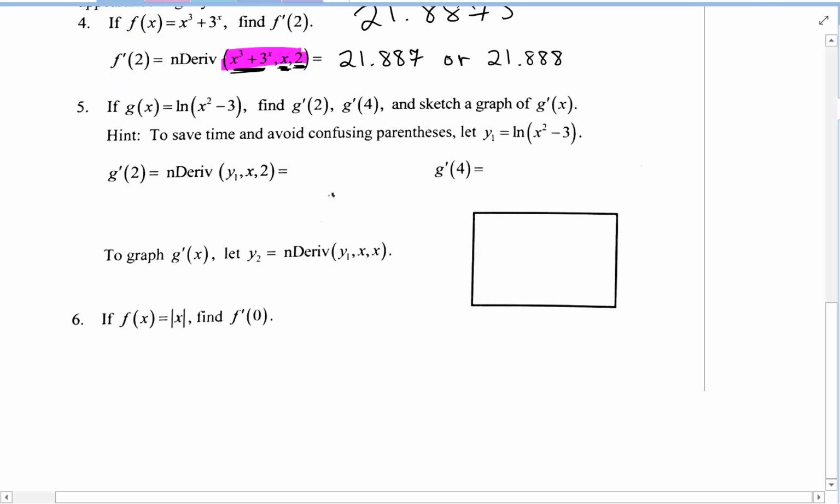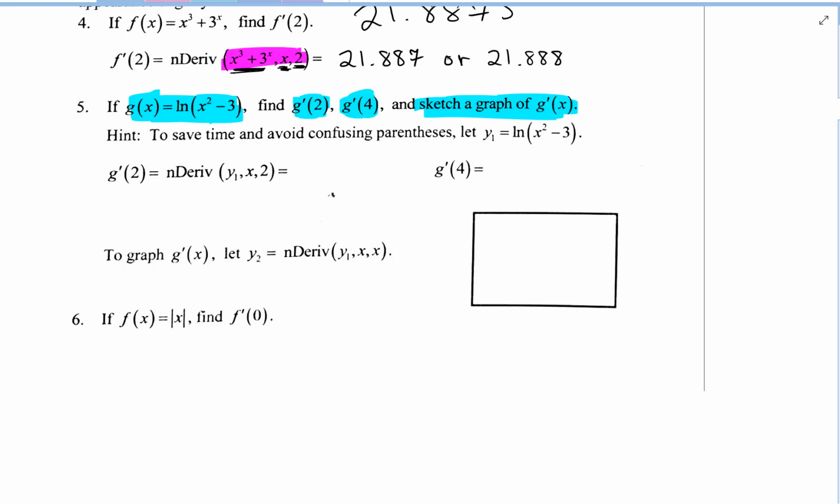If g of x is equal to the natural log of x squared minus 3, then they want us to find g prime of 2, and they want us to find g prime of 4, and they want us to sketch g prime of x. So instead of having to plug this into nDeriv multiple times, plus I want to know basically what this graph looks like so that I can try to sketch this graph.